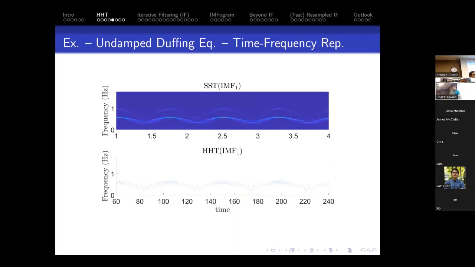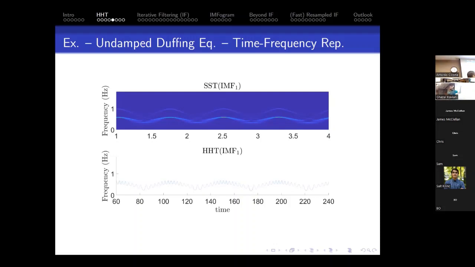So even if you decompose first, wavelets, synchro squeezing, short time Fourier transform, they're going to still produce this behavior. The reason is simple. All these techniques use predetermined bases, which cannot capture the strong local non-stationarity that you have in this specific signal.